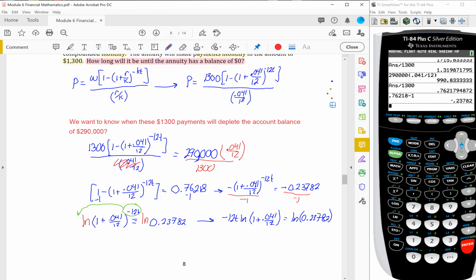Okay, we're almost done. I want to get t by itself, so let's divide this side and this side both by the negative 12 natural log of 1 plus 0.041 divided by 12.